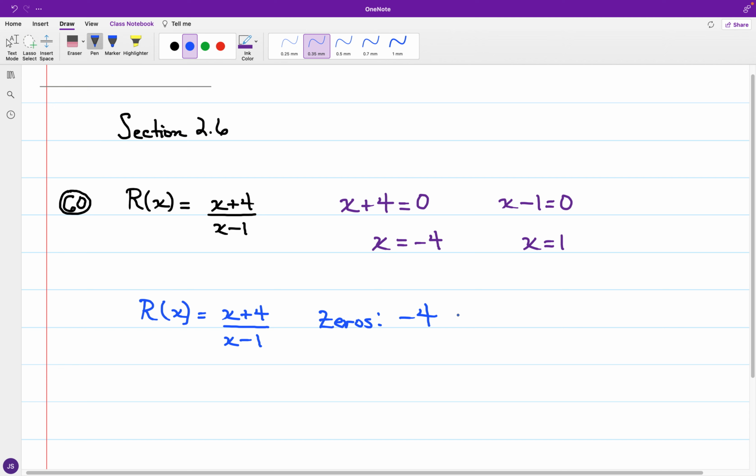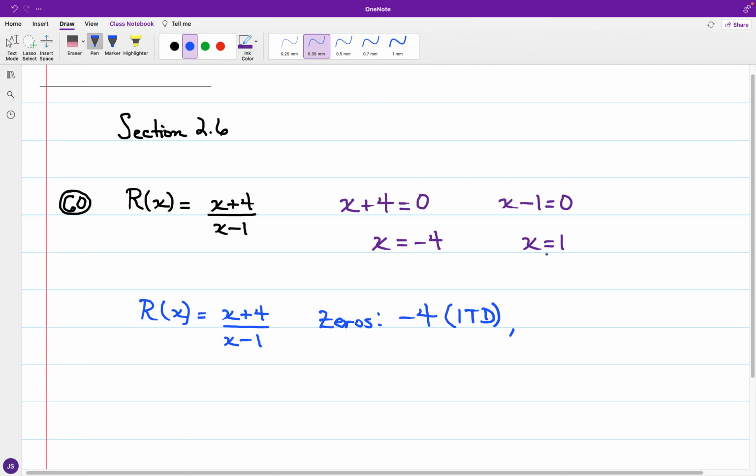I'm going to use a little bit of shorthand. Negative 4 comes from the numerator, and negative 4 will make the ratio equal to 0: negative 4 plus 4 is 0, over negative 4 minus 1, 0 over negative 5 is equal to 0. What I mean by shorthand is I'm going to say negative 4 ITD, shorthand for in the domain.